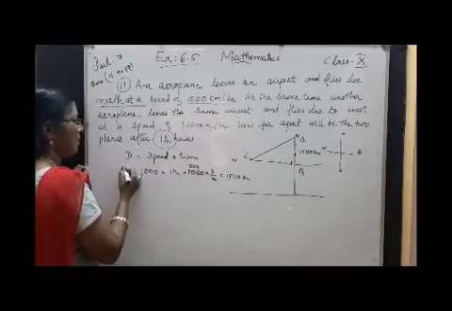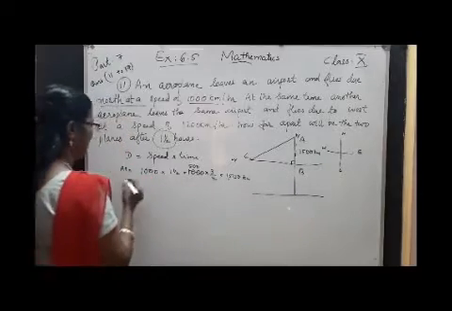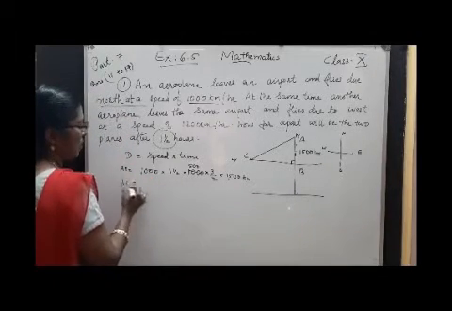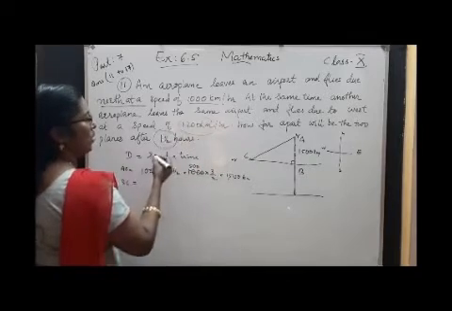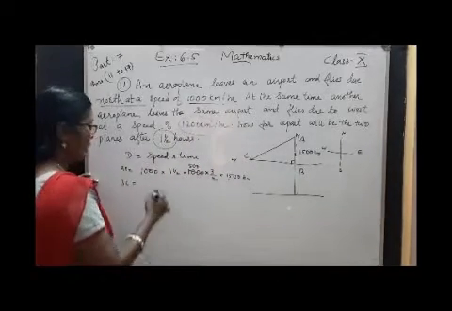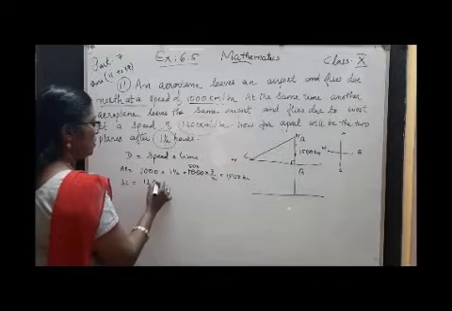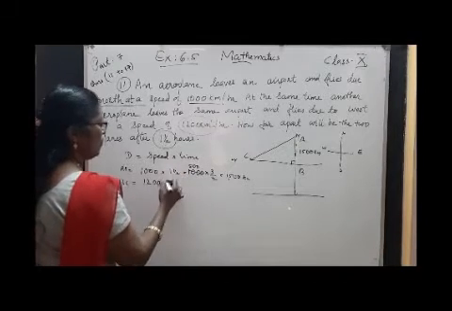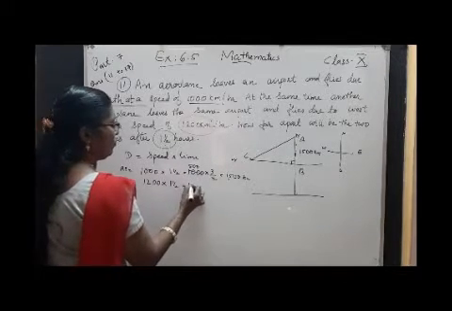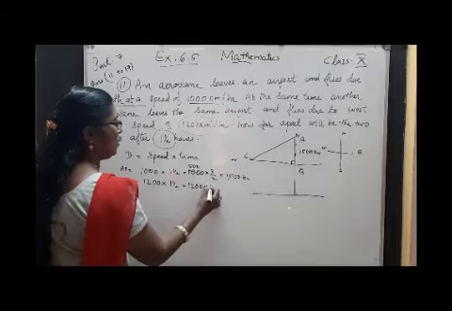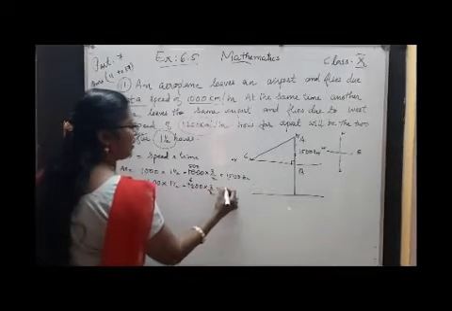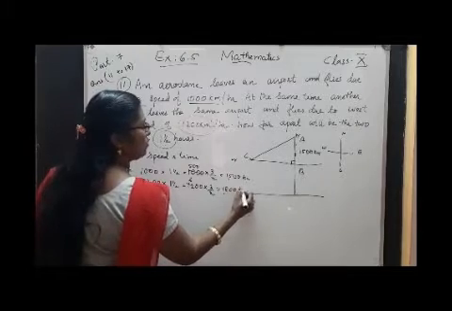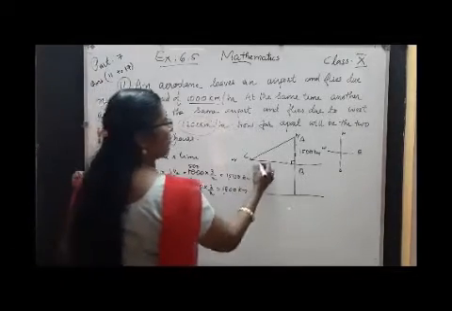This is AB. To find the distance of BC, BC equals the speed of the second plane, 1200, and time taken 1.5 hours. That is 1200 into 1.5, 1200 into 3/2. 6 3s are 18. This is 1800 km.